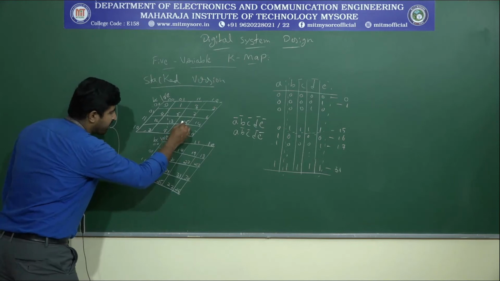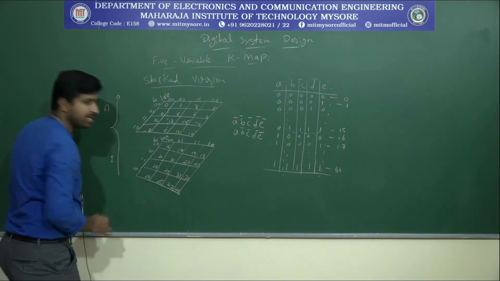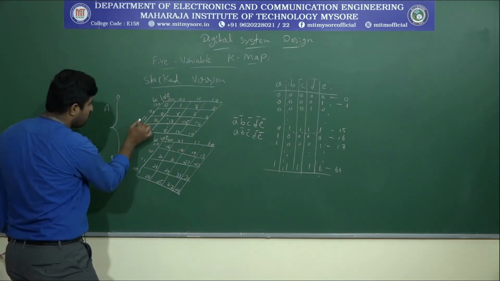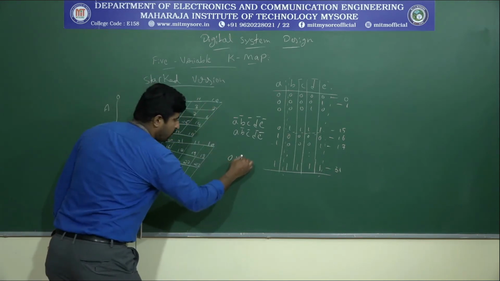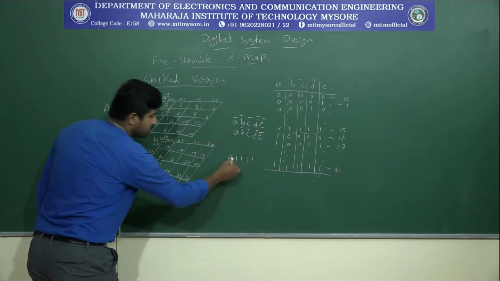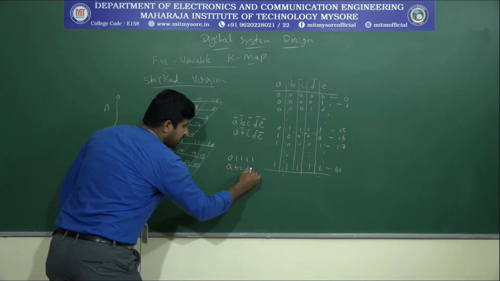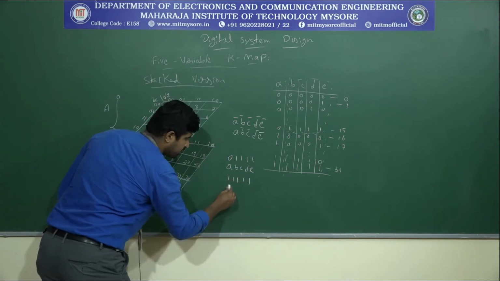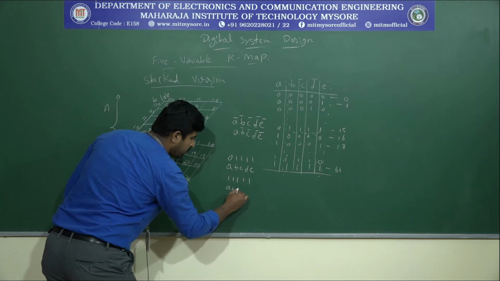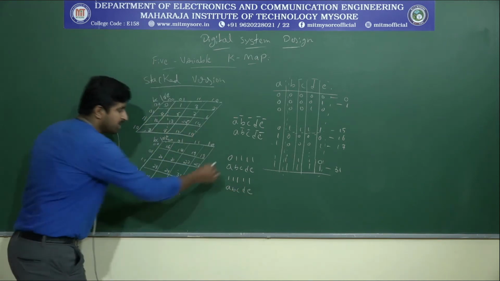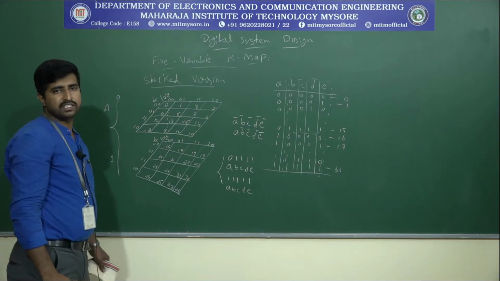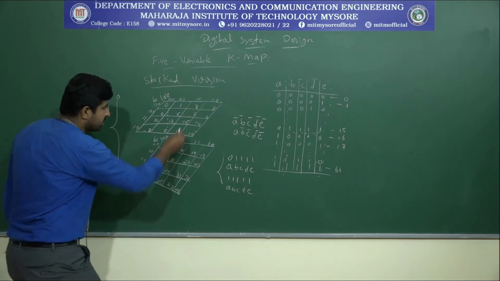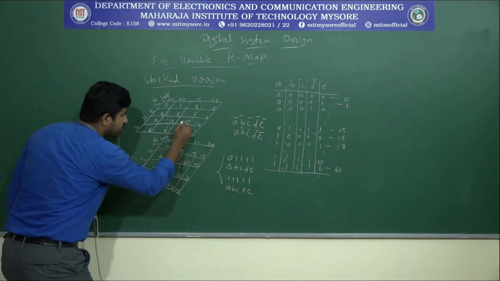Similarly, let's consider 15 and 31. What is 15? That is 0, 1, 1, 1, 1, which is A bar, B, C, D, E. If you take 31, that is 1, 1, 1, 1, 1, which means A, B, C, D, E. So these two are physically adjacent because only one literal has changed over. So 15 and 31 are adjacent to each other.